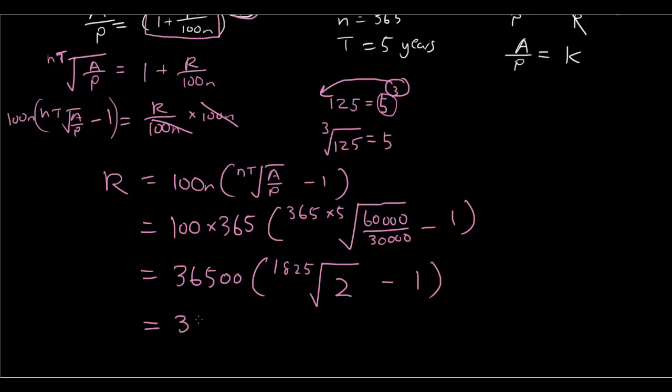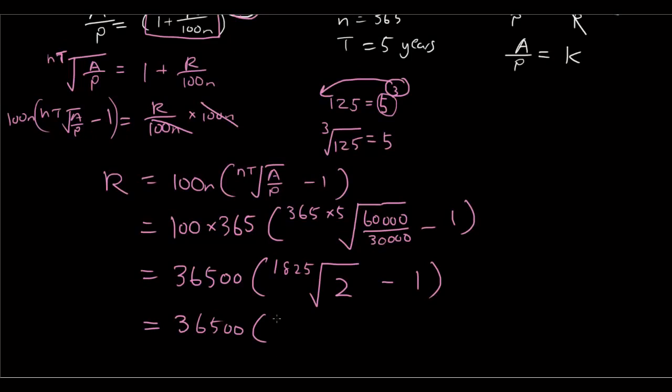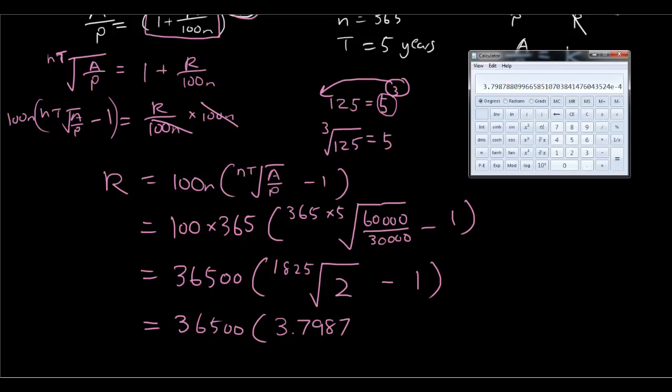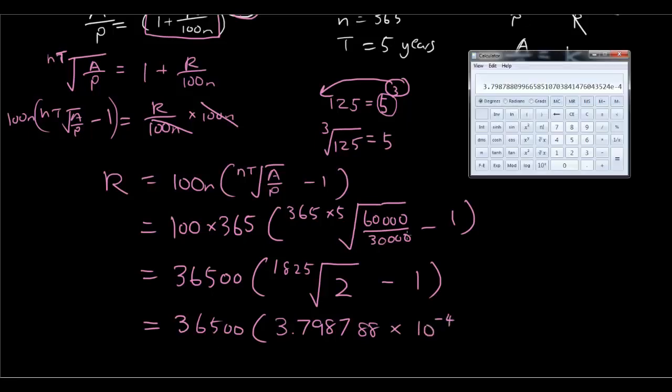So I'll just write that in, 36500 bracket 3.798788 times 10 to the power of negative 4. So the negative 4 is the last number here, and this E notation is scientific notation, which just means times 10 to the power of. And did I do minus 1?